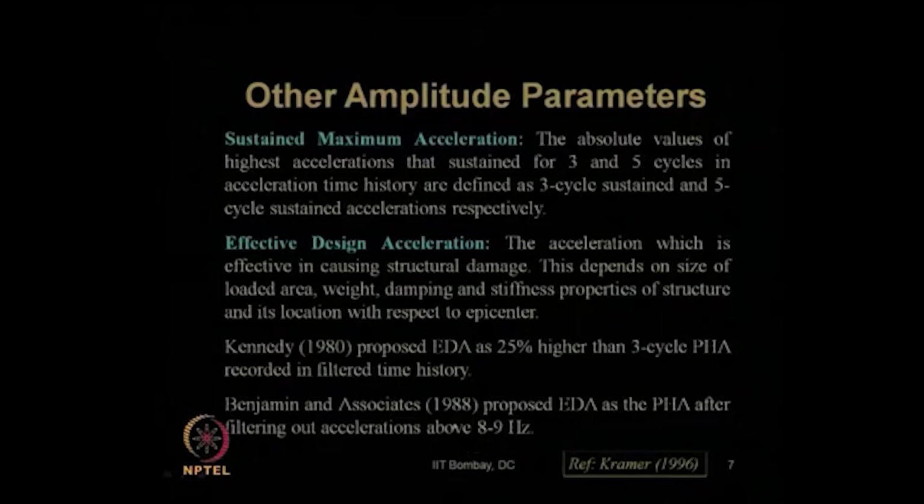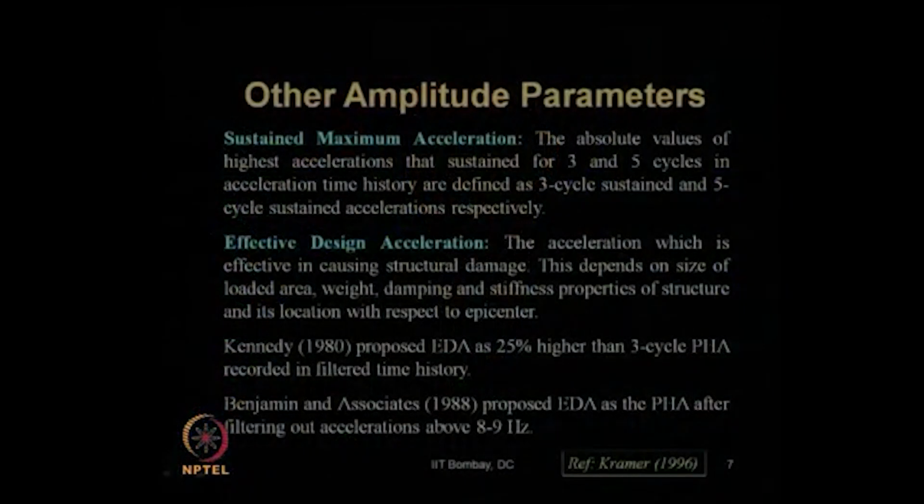So, that is what they proposed: below 9 hertz, whatever acceleration time history record remains after filtering out frequencies above that range, the peak horizontal acceleration you get from that can be taken as EDA.